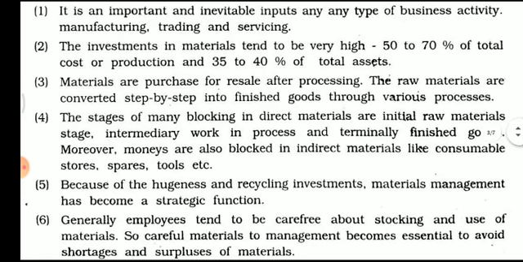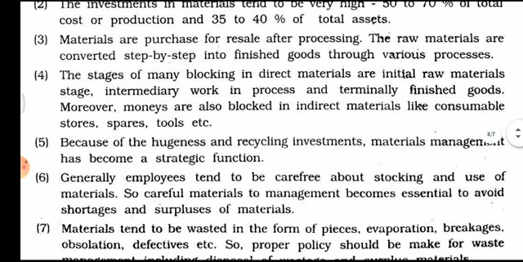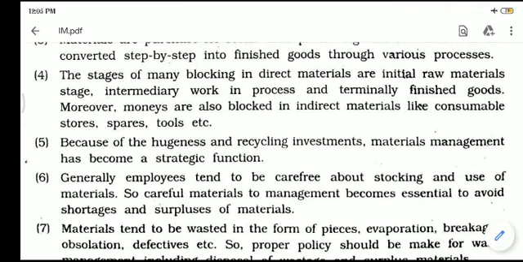The stages of money blocked in direct materials are the initial raw material stage, intermediate work in process, and finally finished goods. And money is also blocked in the indirect materials, like consumable stores, spares, tools, etc. Because of the blocking and recycling of investments, material management has become a strategic function.